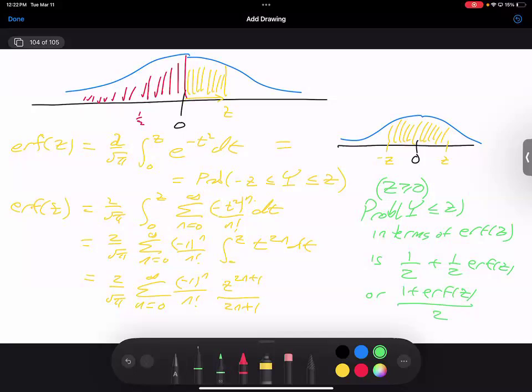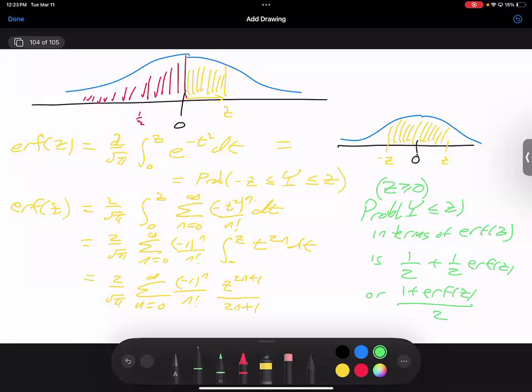It's just, if I want to interpret things, can I interpret this as the probability that you're between minus z and z? If z is negative, do I have that interpretation? Still, because now the error function is going to be negative.